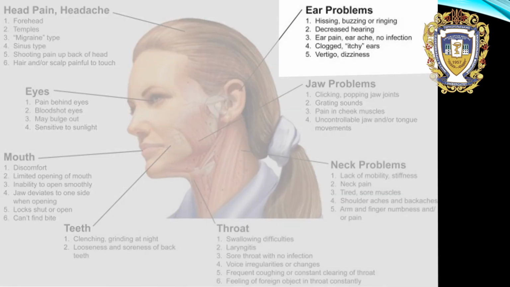Ear problems, hissing, buzzing or ringing, decreased hearing, ear pain, ear ache, no infection, clogged, itchy ears, vertigo, dizziness. As you can see, doctors, it's not so difficult to differentiate temporomandibular disorder from some other diseases, yeah?